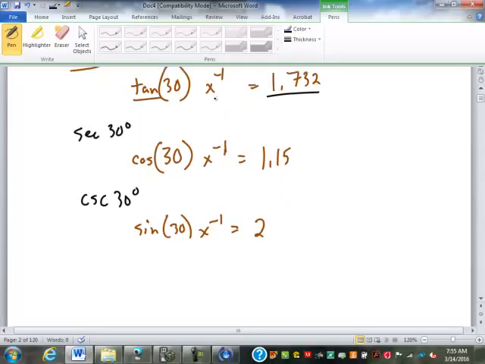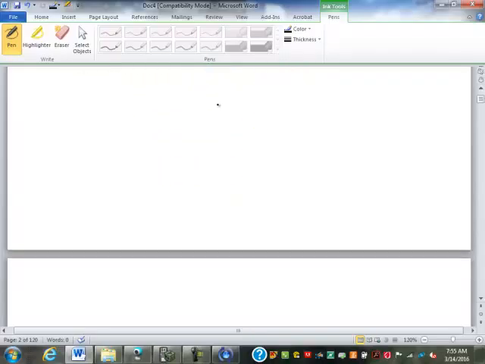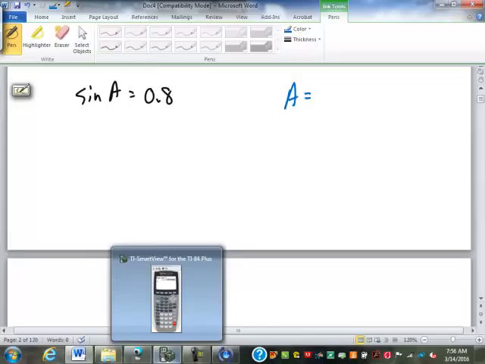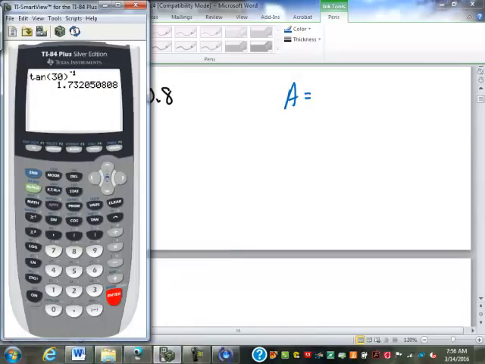So now, how do we reverse that process? If I tell you that the sine of A equals 0.8, A has to be what? Here's where we use the inverse sine.